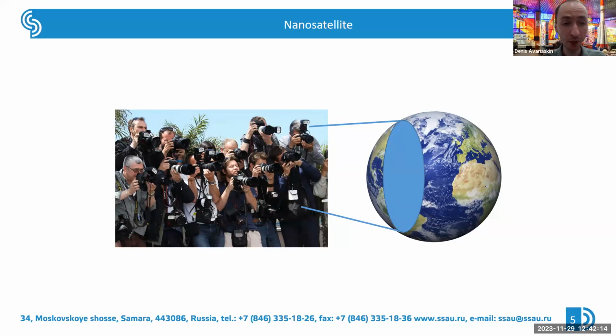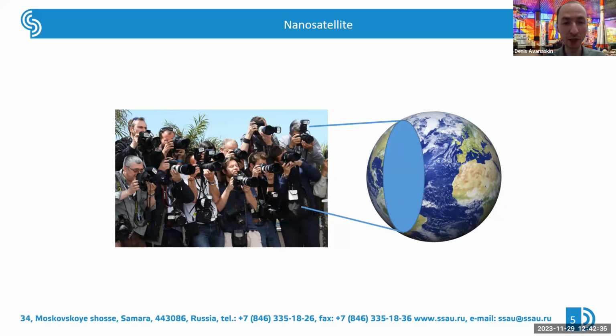Of course, the pictures will not have the same quality. They will have not so good resolution, but still we can solve some problems.